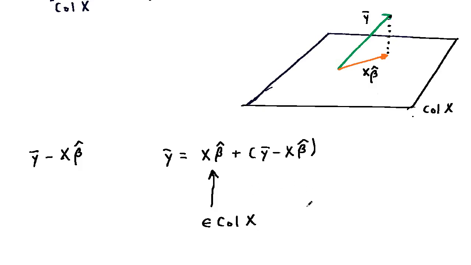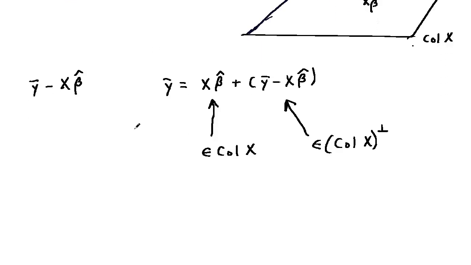Now look at this thing here. That should be in the orthogonal complement of the column space of X. Now why is that?